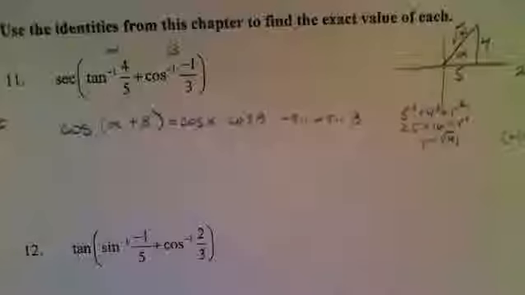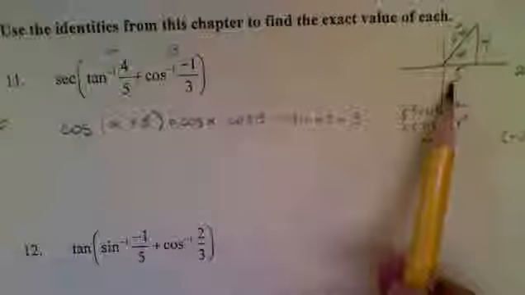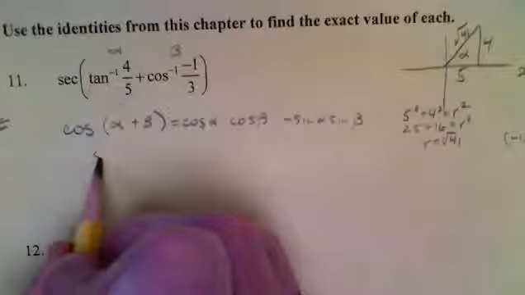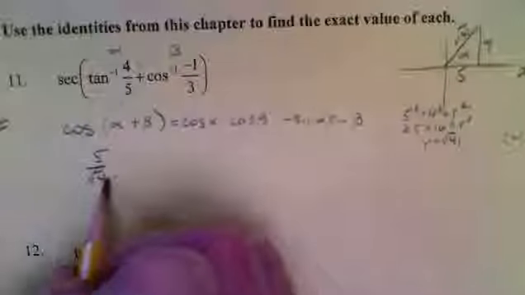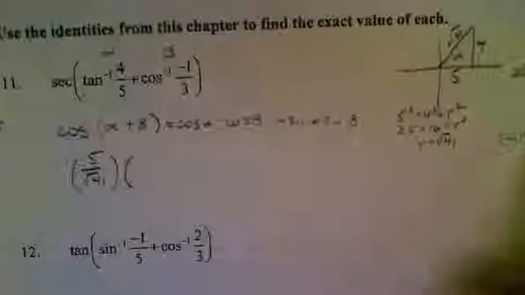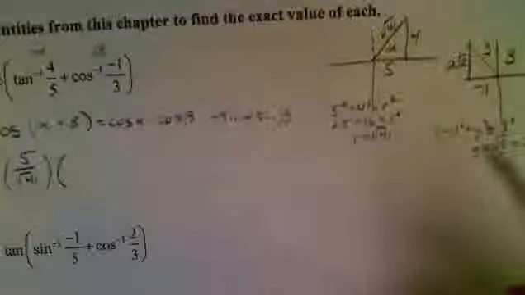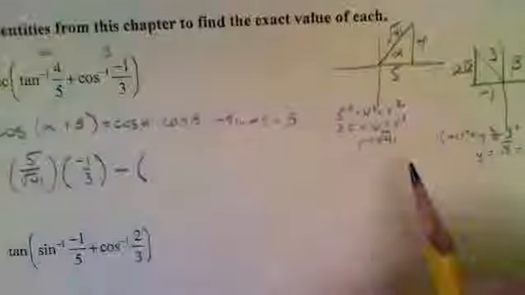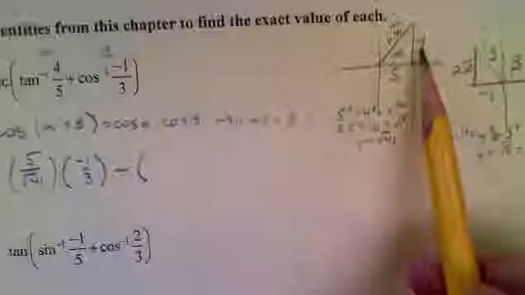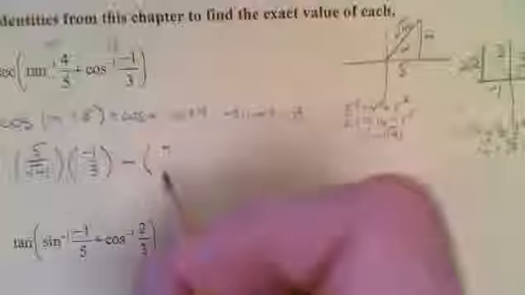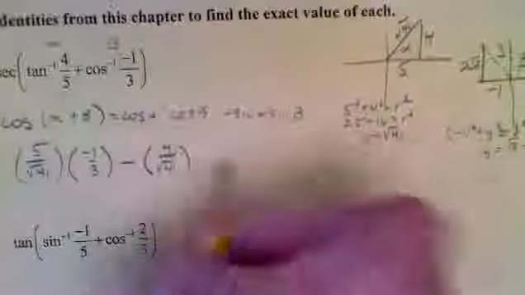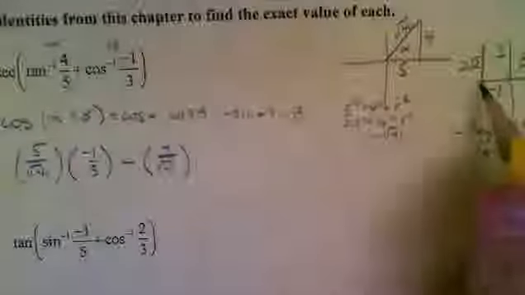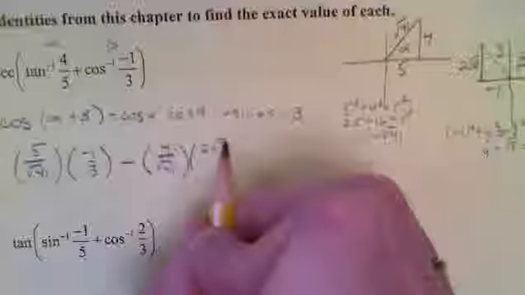All right, so now we just fill in our formula. Cosine of alpha is the x over the r, so it's 5 over radical 41. Cosine of beta is the x over the r, so it's -1/3. Minus sine of alpha is 4 over radical 41, and sine of beta is 2 radical 2 over 3.